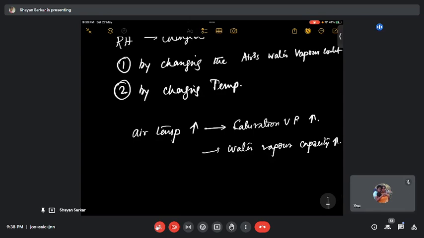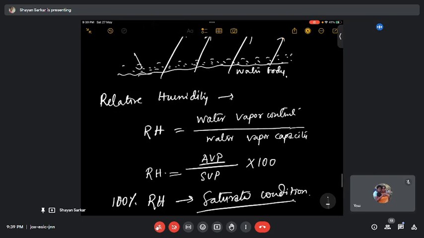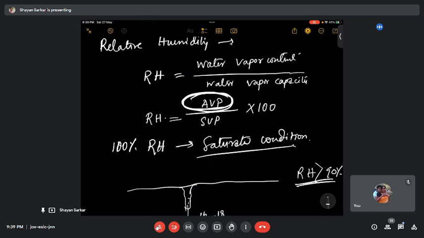Now think, if there is no change in air's actual water vapor content, suppose we are keeping this value fixed, unchanged, and only if this value increases, then relative humidity will decrease.